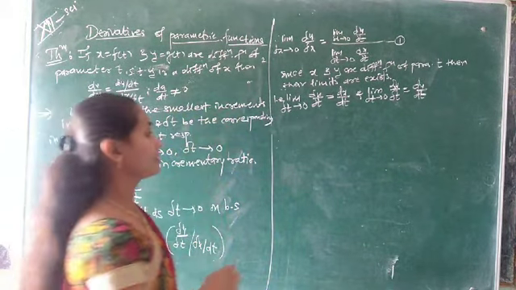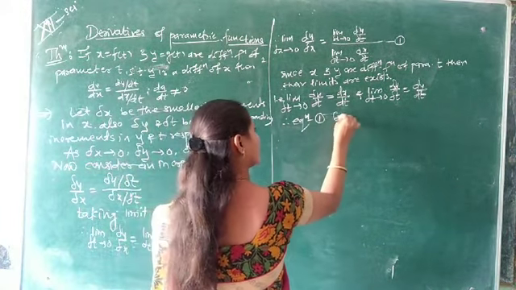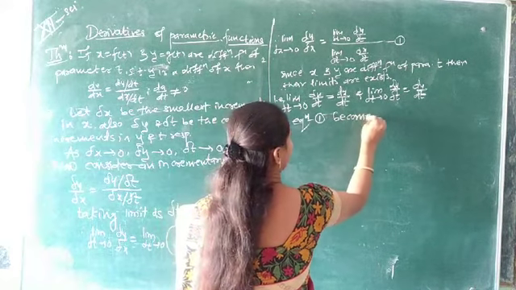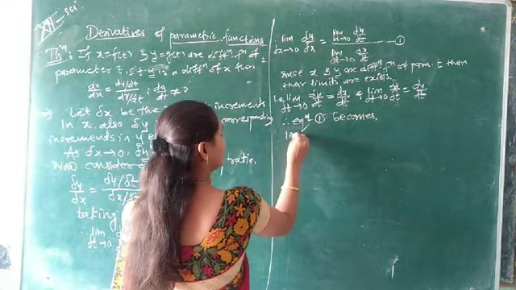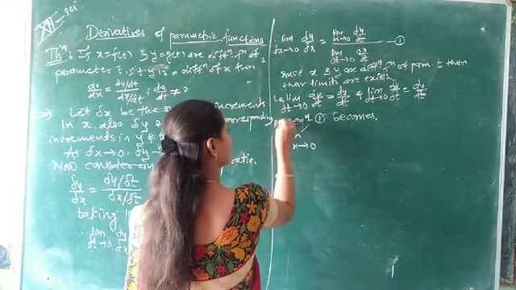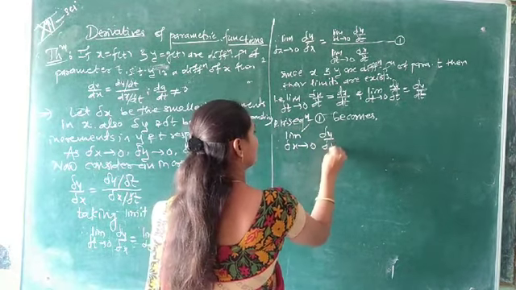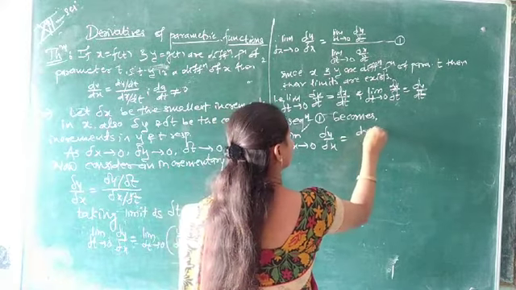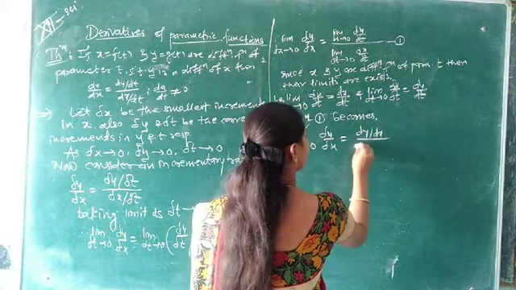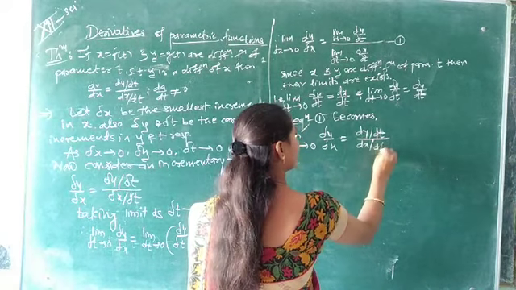So our equation 1 becomes, limit delta x tends to 0, the RHS of equation 1 becomes dy upon dt divided by dx upon dt.